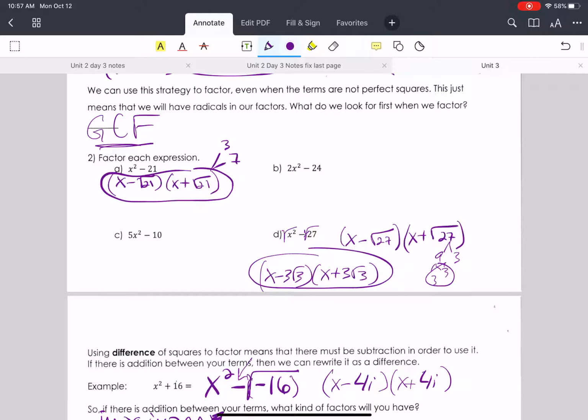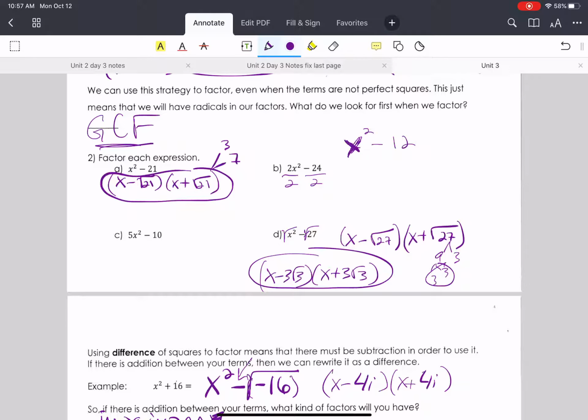Okay, let's try B. What do I need to do first on B? Guys, greatest common factor. What is it? 2. Okay, once I take out the 2, I have x squared minus 12. Now I know I'm ready for my trick because of 2 things, right?